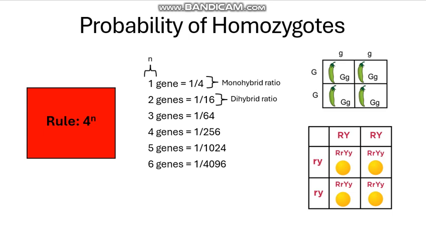So if we're talking about a phenotype controlled by a single gene, then that would be 4 to the power of 1. It would be a 1 in 4 ratio of homozygotes. If 2 genes, 4 to the power of 2, 1 in 16 ratio.